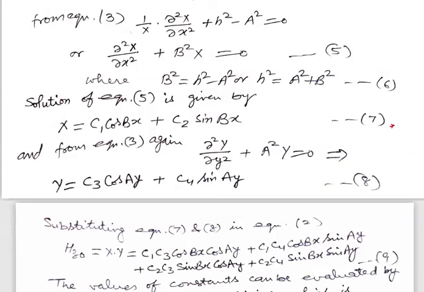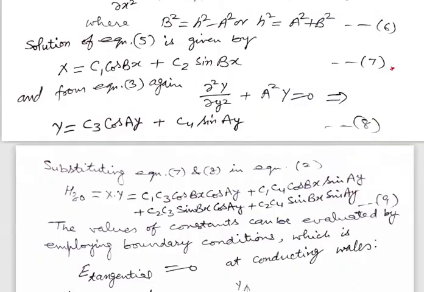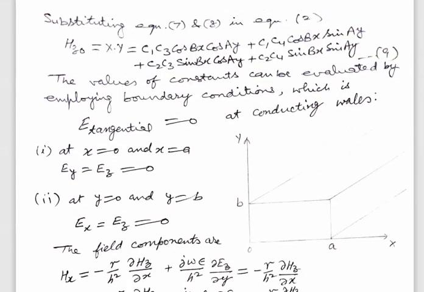Now in our equation number 2, we have considered Hz0 as a product of X and Y. So from equations 7 and 8, we put the values of X and Y in this equation, which gives us the value of Hz0, the product of X and Y, and this is shown in equation number 9, in which the unknown constants c1, c2, c3, c4 and similarly other constants a, b and h, the values of these constants can be obtained by employing the boundary conditions.